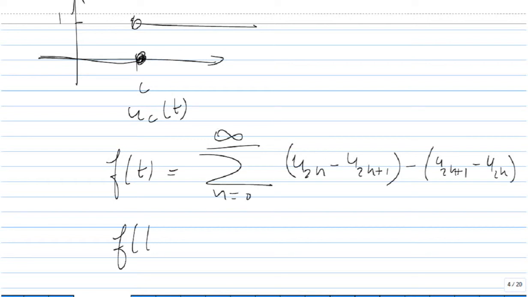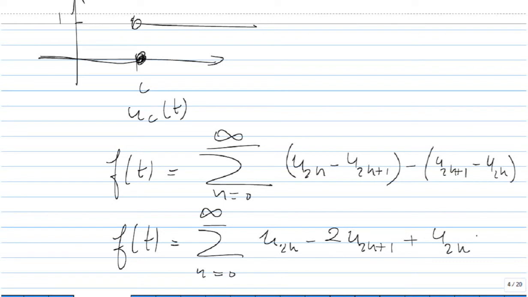Or if you want, this will be the sum over n from 0 to infinity of u2n minus 2 u2n plus 1 plus u2n plus 2. That's the function of t. These uc's are uc's of t.